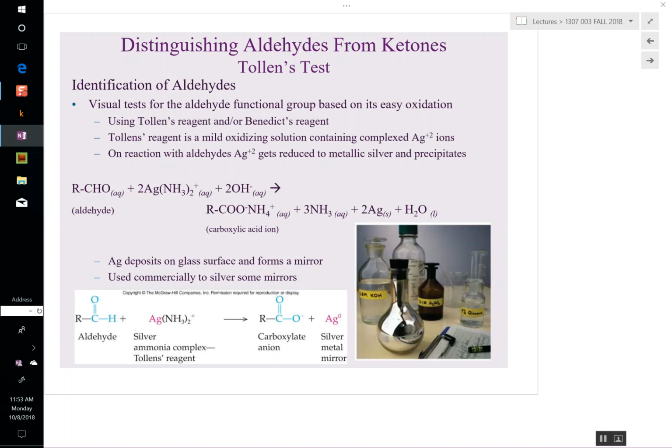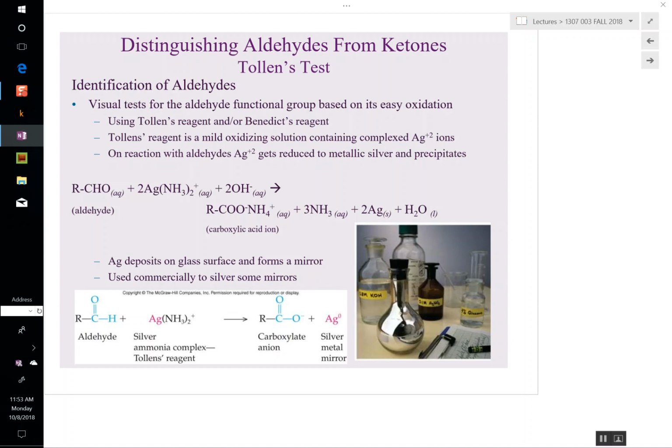So if you have something, you go, this has got a carbon-oxygen double bond on it, but I don't know whether it's an aldehyde or a ketone. You might do the Tollens test. What the Tollens test does, you start out with your aldehyde, and you start out with a silver ammonia complex. That's the Tollens reagent right there.